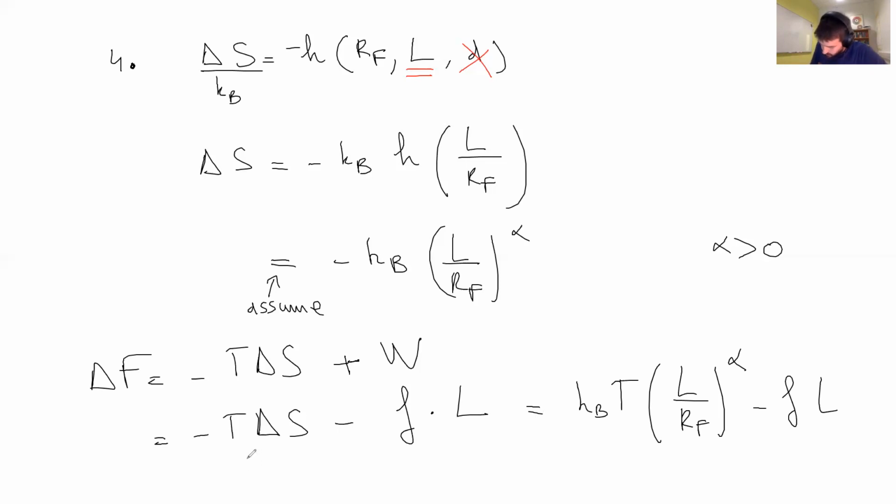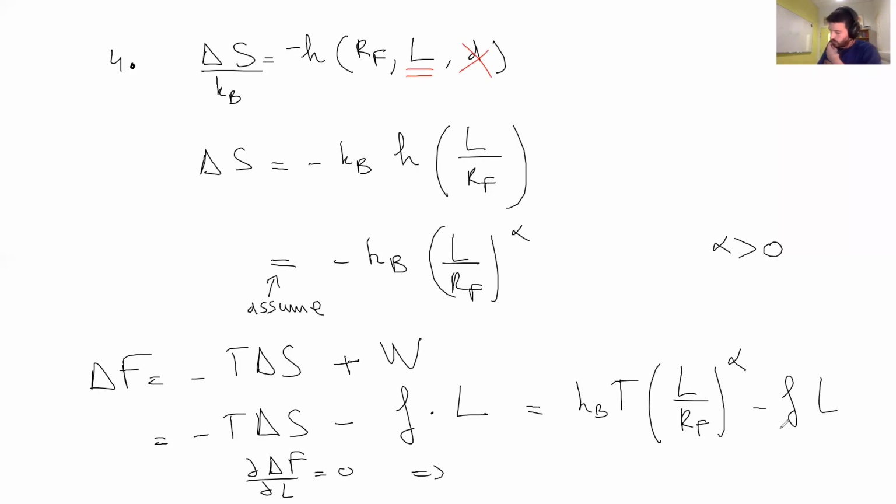So I can say that the variation with respect to L is 0, which implies that alpha kBT L^(alpha-1) over Rf^alpha should be equal to F. In fact, there is a minus F, but I put it on the other side of the equality here.